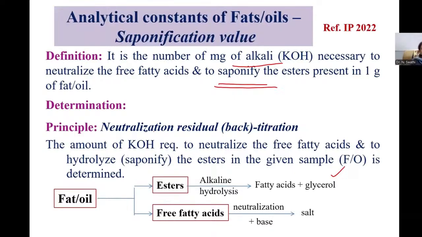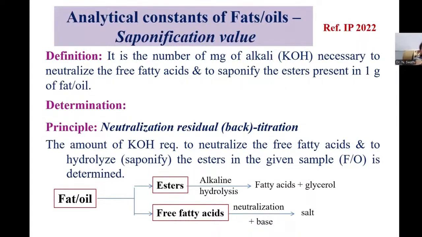That means both for alkaline hydrolysis or saponification and for neutralization of free fatty acids, we will be using base. That is what is mentioned in the definition of saponification value. So it is the number of milligrams of base or alkali, which is potassium hydroxide, required to neutralize the free fatty acids and to saponify the esters present in 1 gram of fat or oil.